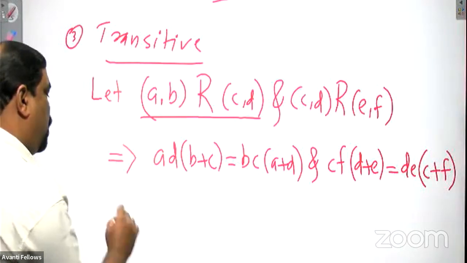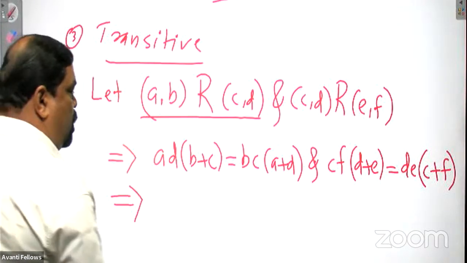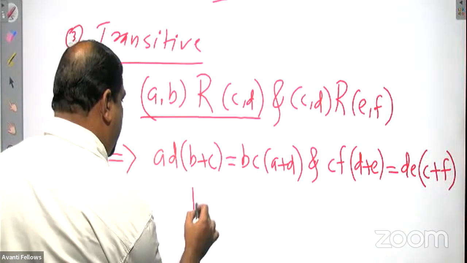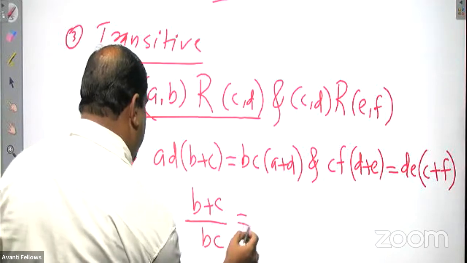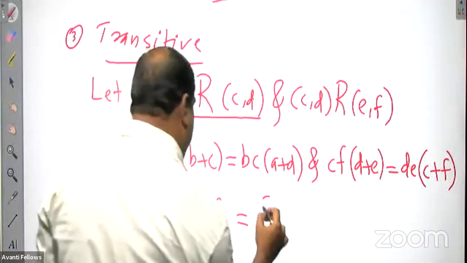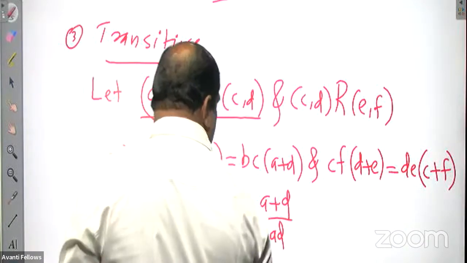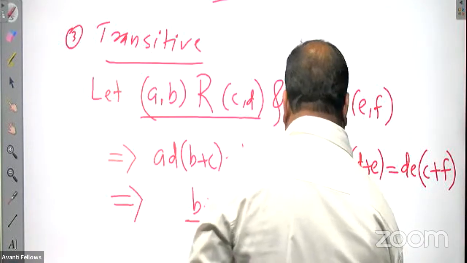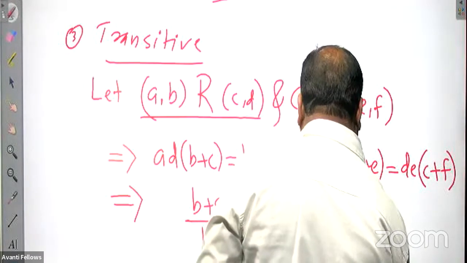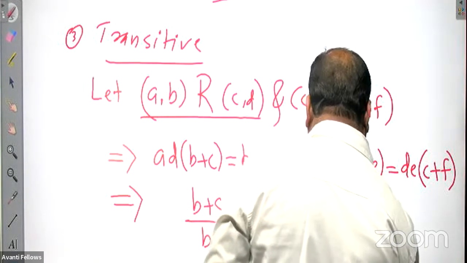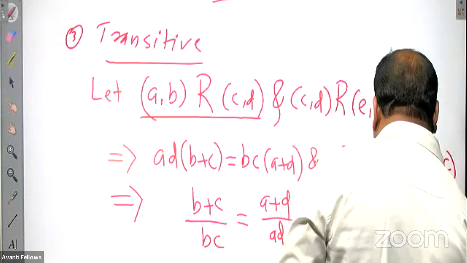For that, we have to do some algebra. There are different ways we can do it. One method is dividing by BC: B plus C by BC equal to A plus D by AD. Rewrite, and the second equation also: D plus E divided by DE equal to C plus F divided by CF.